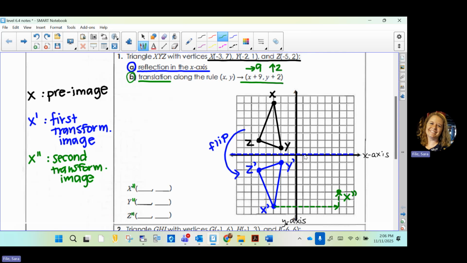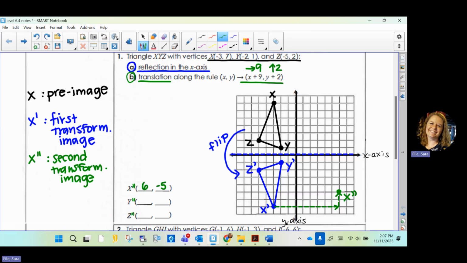So from the origin, that's over 6, down 5. So that's at (6, -5). So far, so good? Okay.